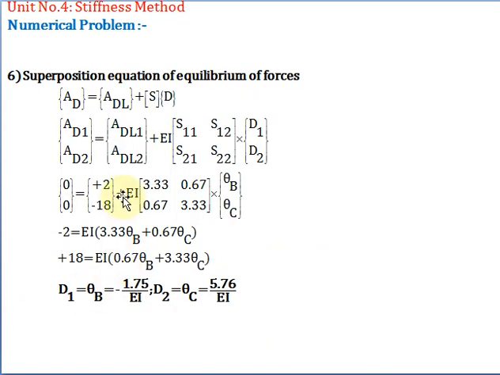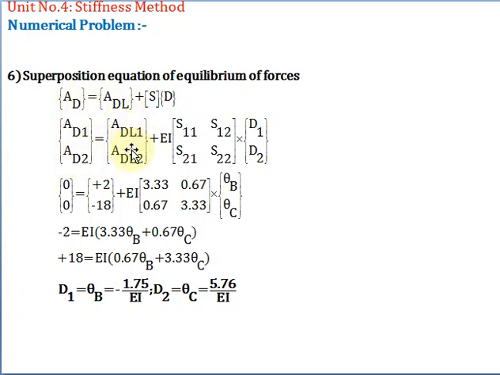Okay, so the next step is the superposition equation of equilibrium of forces. So the equation is AD equal to ADL plus S into D. So the value of AD is AD1 and AD2.